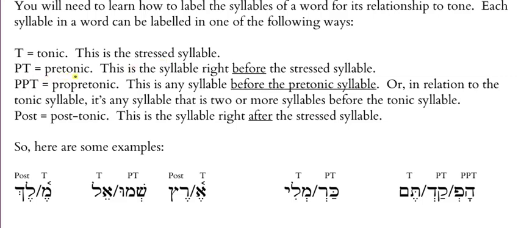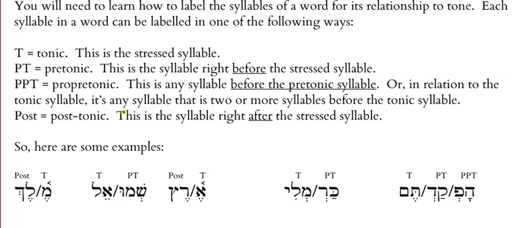PT stands for pretonic, and this is the syllable right before the stressed syllable. And remember, since we're reading from right to left, the syllable before the stressed syllable will actually be to the right of it. That's pretonic. PPT means propretonic, and this is any syllable before the pretonic syllable. Not just the one right before the pretonic syllable, but any syllable before the pretonic syllable.